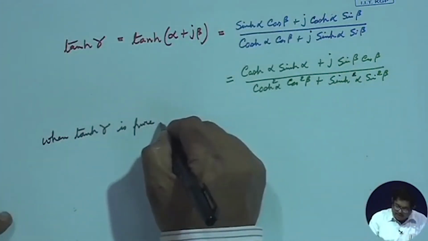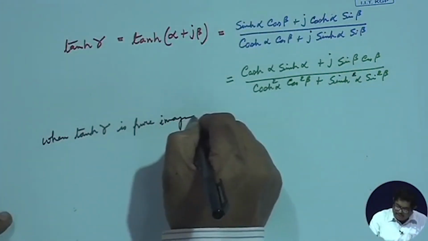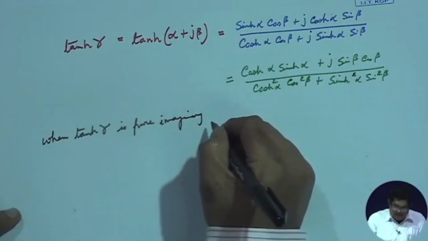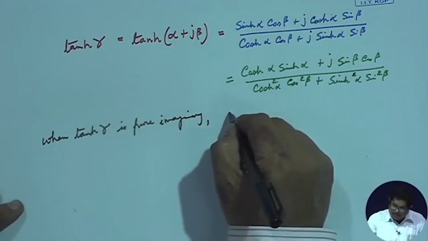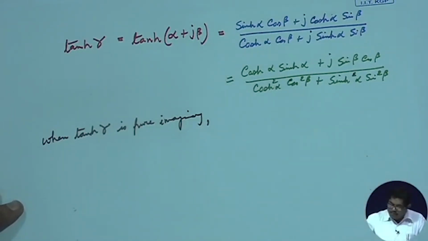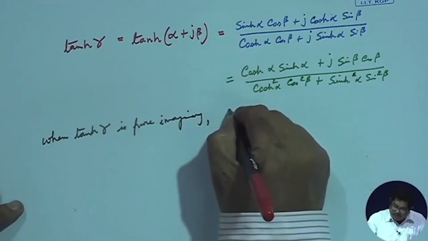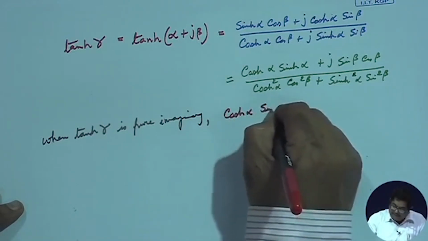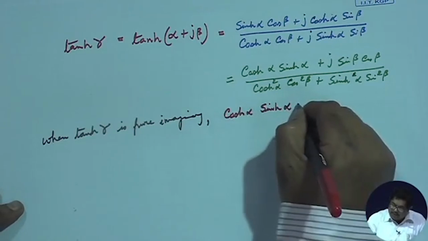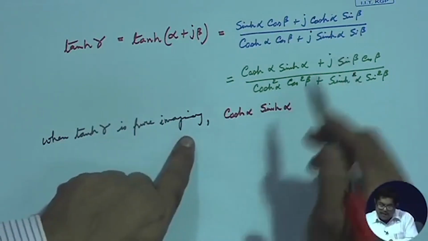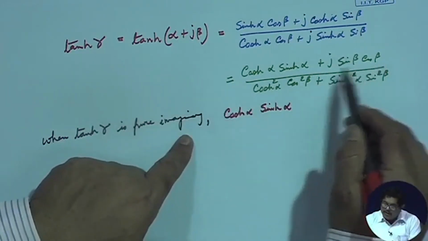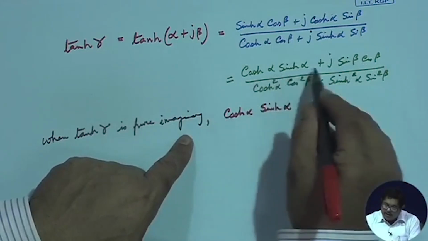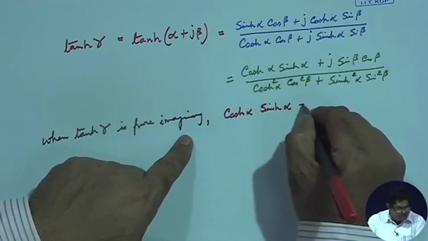So, for tan hyperbolic gamma to be imaginary, I require that the part cos hyperbolic alpha sin hyperbolic alpha should go to 0.